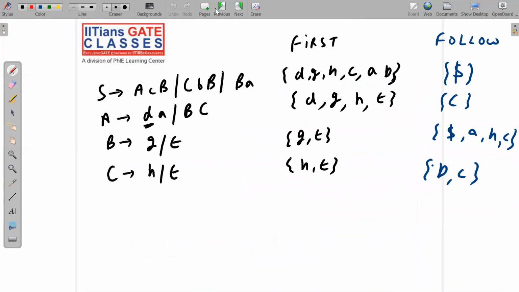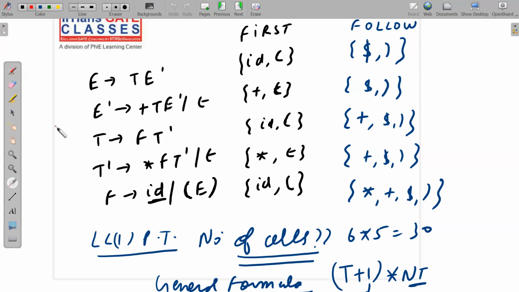Next is E dash. You should be careful because we have two production rules. For this production rule, we will find first of this RHS. We will not find first of E dash. There was only one production rule, so first of this RHS is obviously first of T. Now we find first of this part, which is plus only.